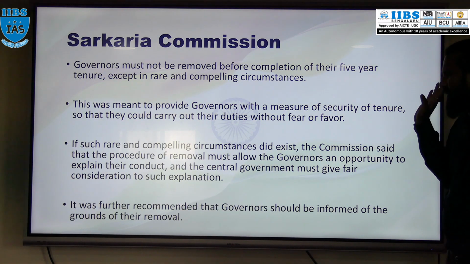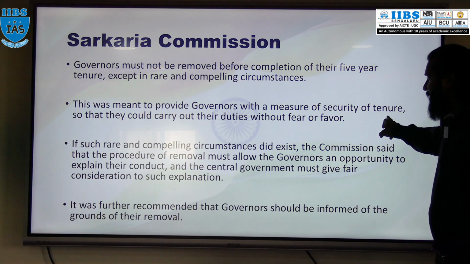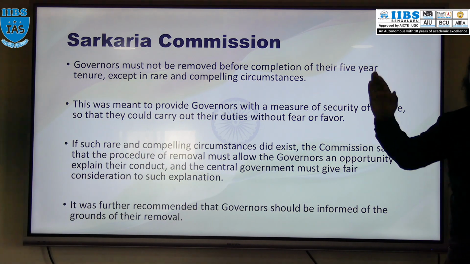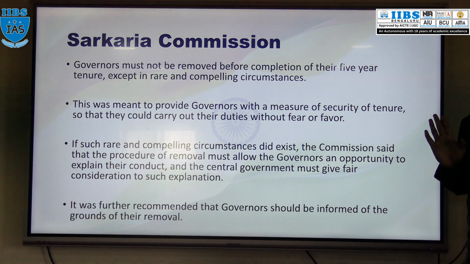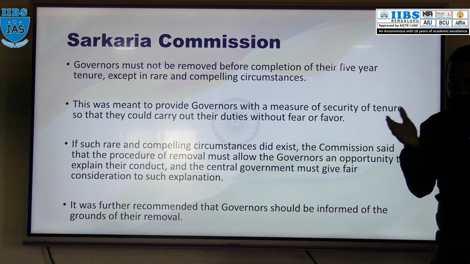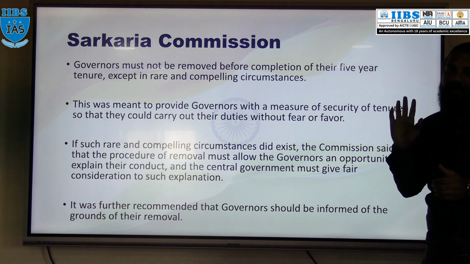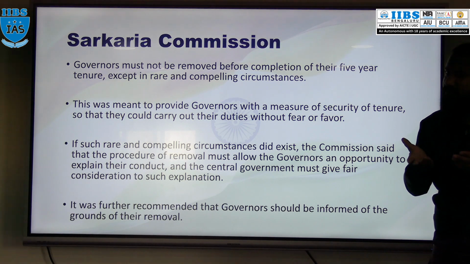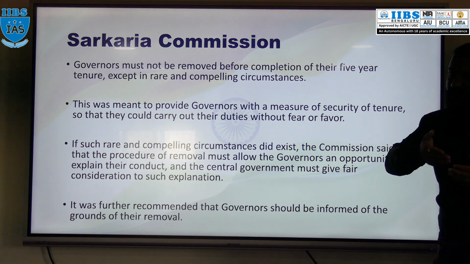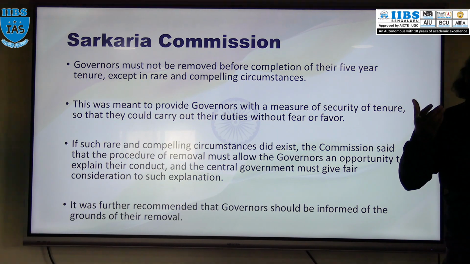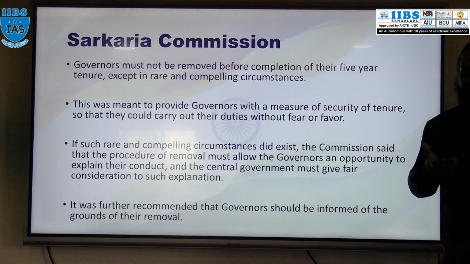That way security of tenure can be provided to the governor, so that the governor can act independently rather than fearing the central government. Many times it happens that if the governor is not following the direction of the central government in a state affair, that governor is removed by the central government or president.